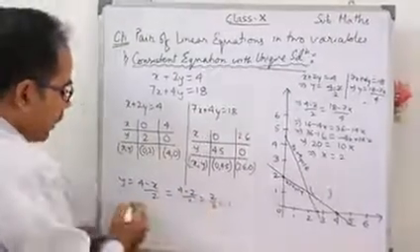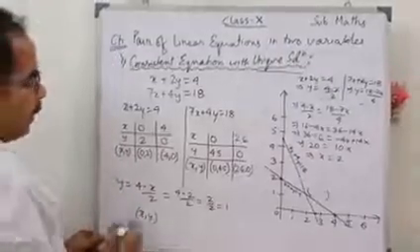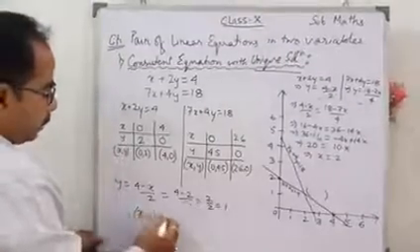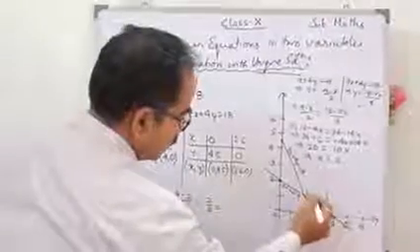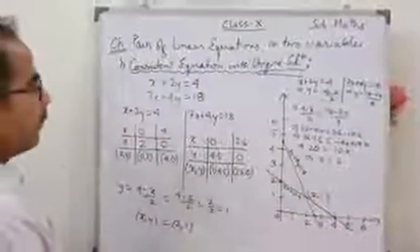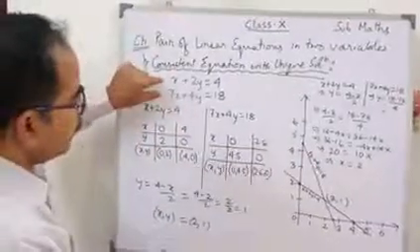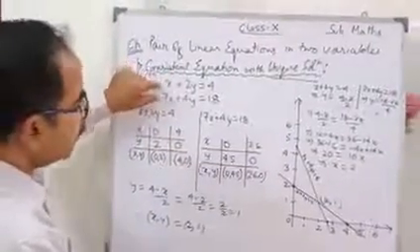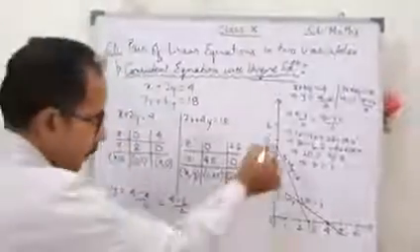So the coordinate is coming as x, y. If I take x comma y, so x is coming 2 and y is coming 1. So this is 2 comma 1. So it is clear. Whenever we are taking a pair of lines which have two variables, how will it be a unique solution? Look here.